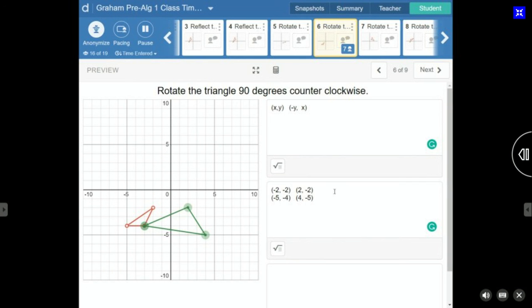All right, last point. What is this point right here? -3. Okay. Opposite of y goes first. So y is a -4. I need to put in a +4. And x goes second. So -3. 4, -3.